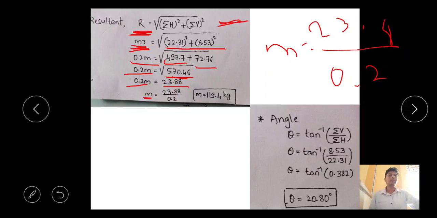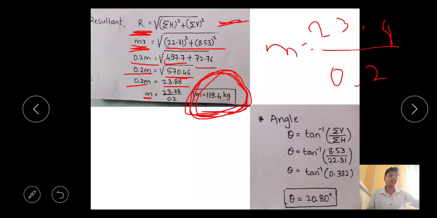If you divide this, you will get the balanced mass equal to 119.4 kg. So instead of taking all those masses, you can balance all four masses by one mass, which is equal to 119.4 kg, or around 120 kg.